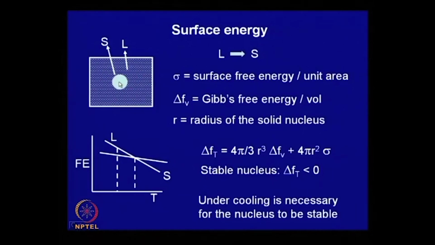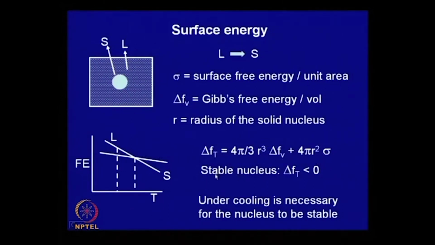This is the energy which needs to be supplied for making this nucleus stable, and this will come from the transformation of the chemical free energy, and pictorially it is shown here. This is the melting point, and here definitely no nucleus is stable, but if you undercool here, this is the difference in free energy, and let us say that delta F B is the free energy per unit volume which it can provide, and this times the volume of the sphere is the net energy which this chemical reaction can provide.